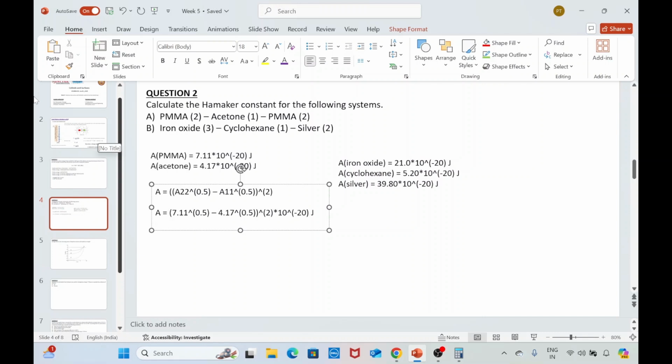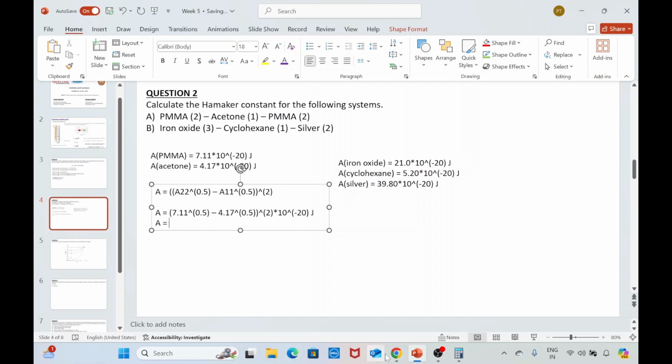So 10 to the power minus 20 whole power 0.5 is 10 to the power minus 10. And if you square that, again you are going to get 10 to the power minus 20 itself. So that is the reason I removed that out of the bracket. So please tell me the answer for this particular expression.